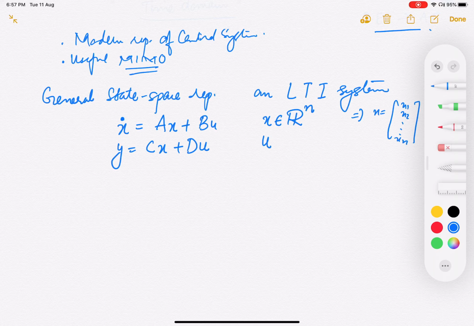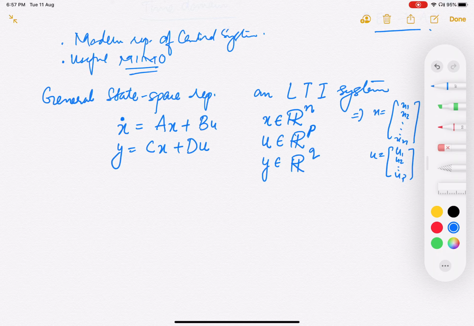Similarly, the number of inputs to the system, right? It could be a P input system. The number of inputs could be P. So U is not one, it's U1, U2 goes up to UP, right? Similarly, the number of outputs could be more than one.